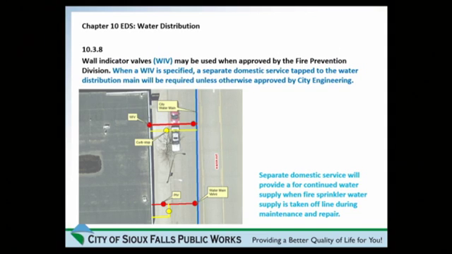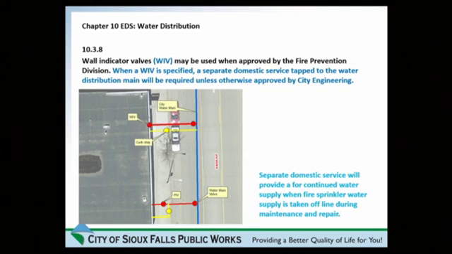That isn't true with a post indicator valve, because with a post indicator valve, that yellow service that you're seeing, the domestic service, is tied in between the post indicator valve and the main line out in the street. So you can shut the post indicator valve, take the fire sprinkler system out of service, but the domestic stays charged.